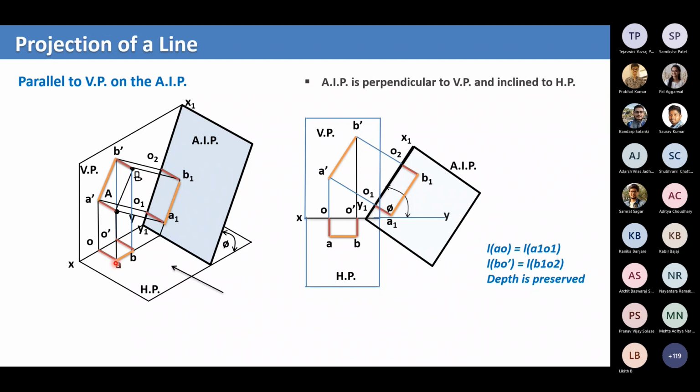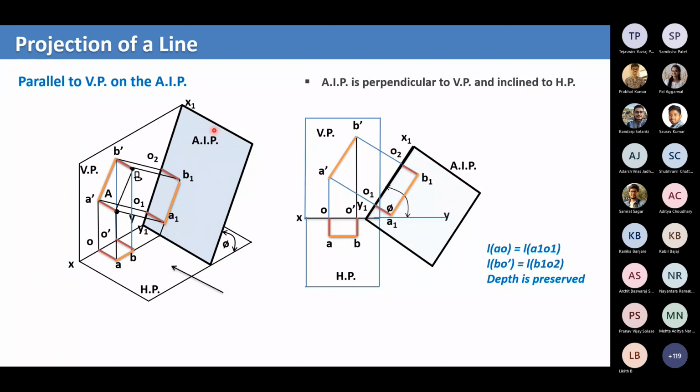So on one plane when you project, you get the true length, but when you project onto another plane, you will not get the true length. It will be shorter.